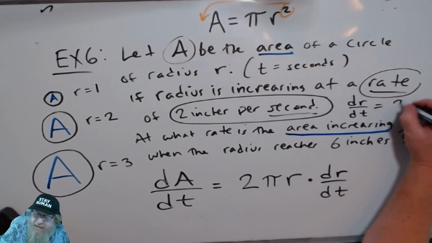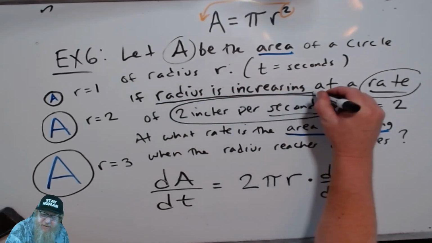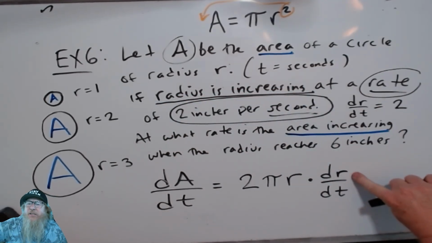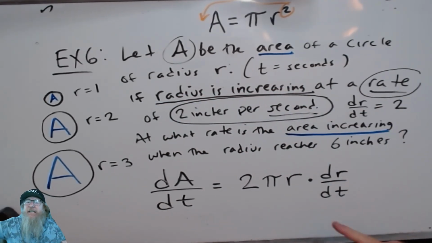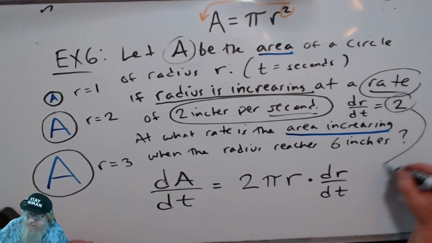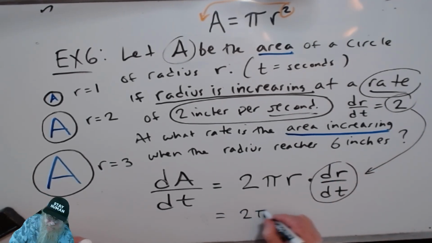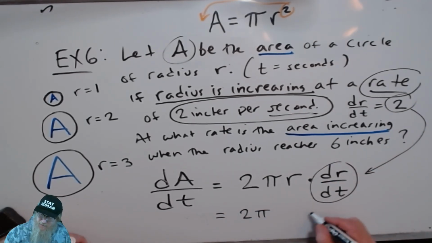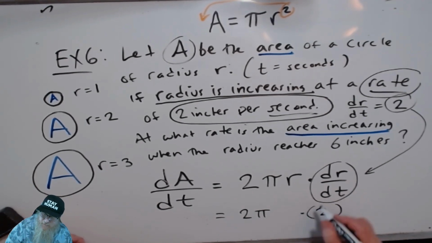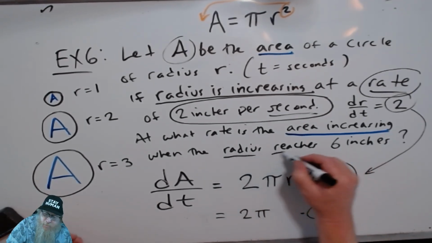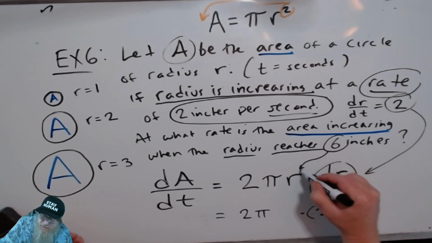So dr/dt is the rate at which the radius is increasing. The radius is r, and it is increasing at a rate of 2 inches per second. So we're going to replace that with 2. And then the radius is reaching 6 inches.